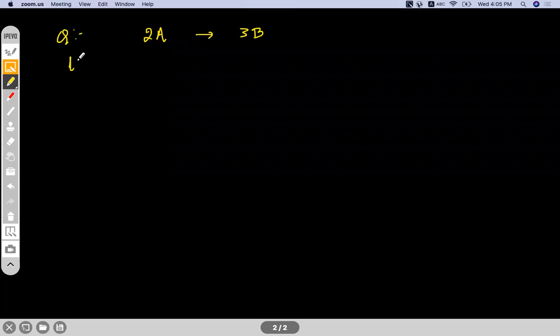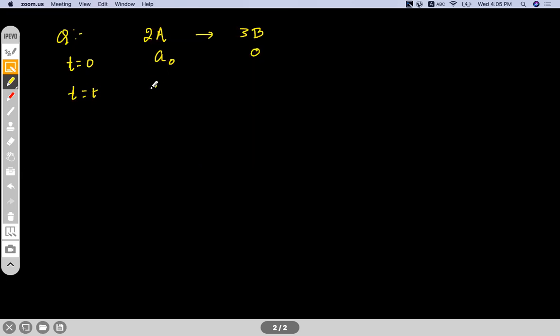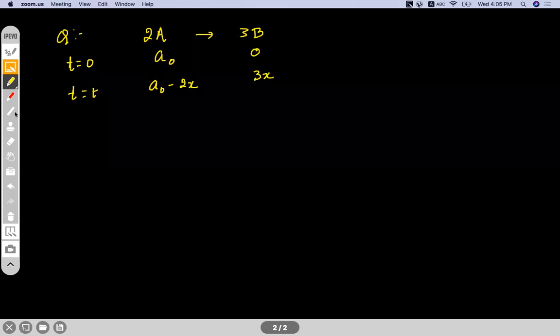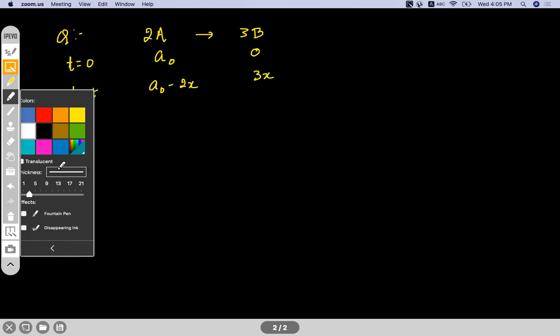At time t equals 0, the concentration of A is A naught and B is 0. At time t equals t, A converts into B, so it is A naught minus 2x, and B becomes 3x.